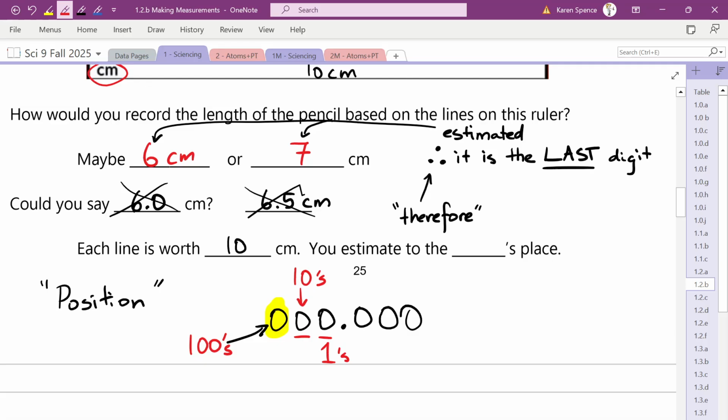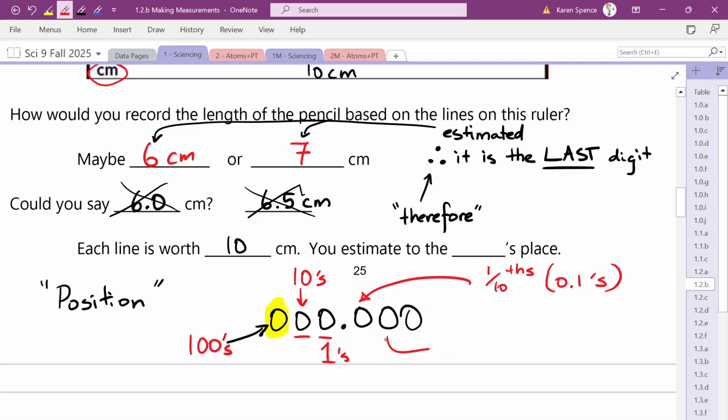If you got bigger, you would have thousands. Now, when we get after the decimal place, yes. Those are the tenths. 1/10, tenths. Or you can say the 0.1s. Okay? Because those are tenths.